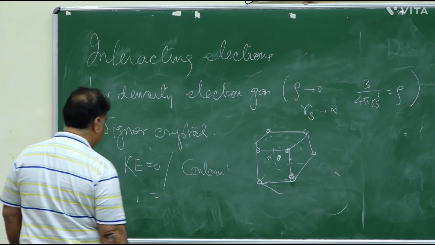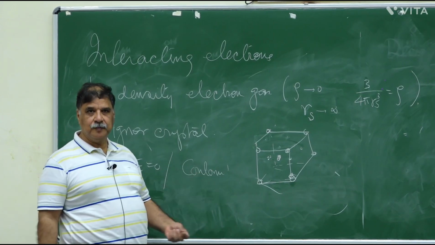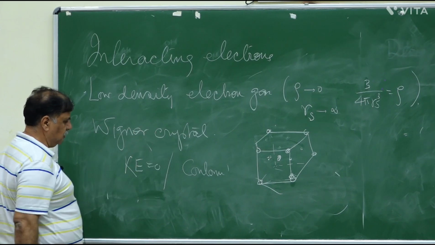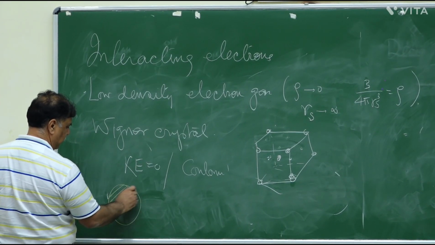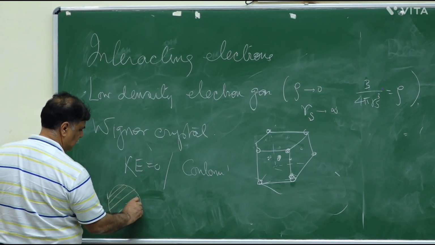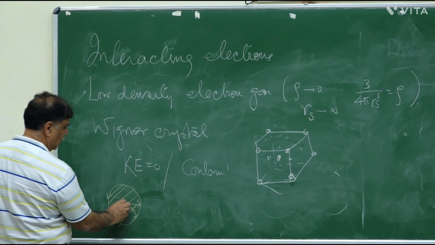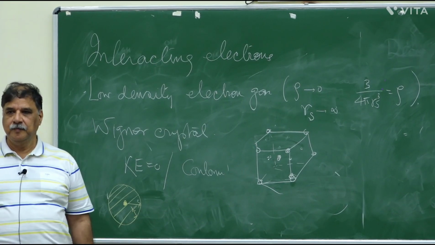In this case you can calculate the energy of the system. How do you calculate the energy? Now that they are just sitting there, there is this positive charge. I can take a sphere of radius Rs and put the electron in the center. That's the energy per electron.